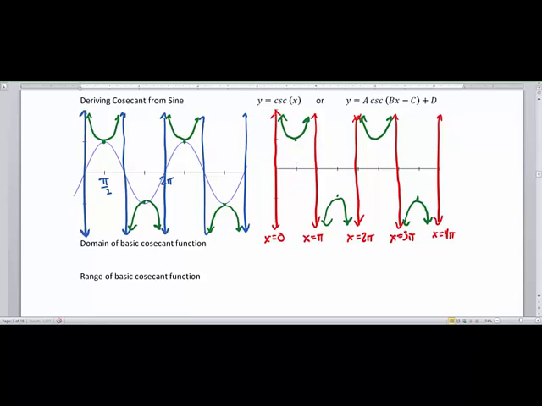So let's talk about the domain. Now we're not going to do the interval notation, but let's look at our domain. Really, x can be anything as long as it's not an asymptote line. And here's 0, 1 pi, 2 pi, 3 pi, 4 pi. So from 0 pi to 4 pi, now you see what I did there? I said 0 pi.